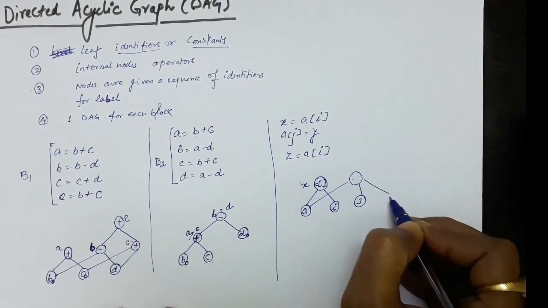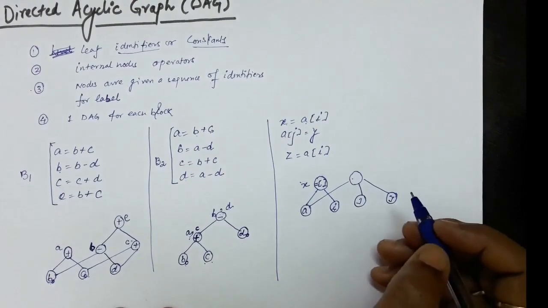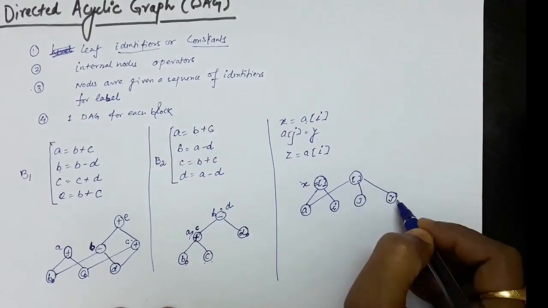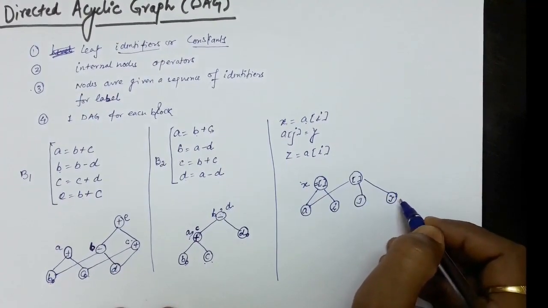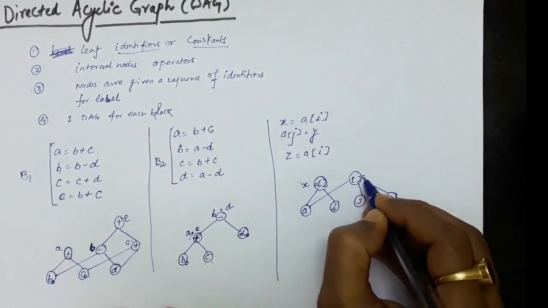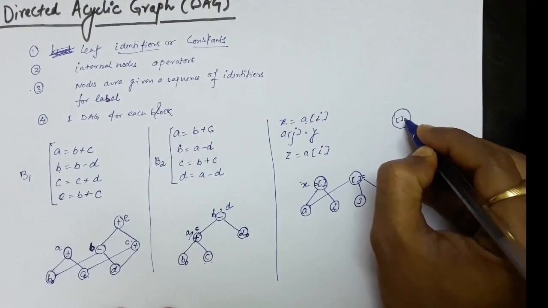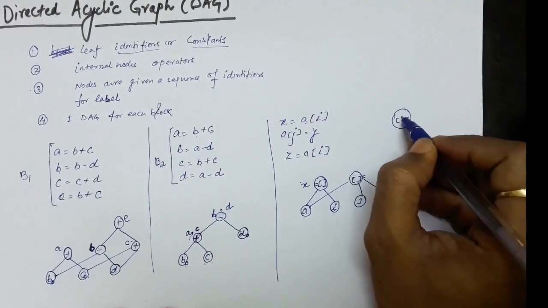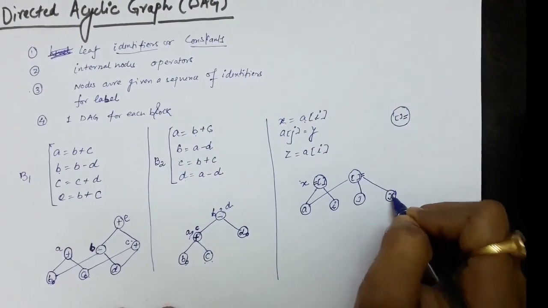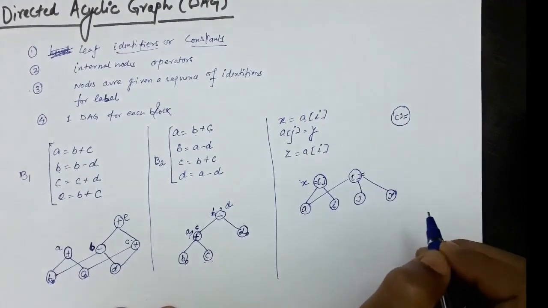So we need to have one more variable or one more node for this, that is Y, and then this is A[J] is equals to Y. Then here also in the node we are writing like this, angle bracket followed by the equals to sign. So the angle bracket followed by the equals to sign is being assigned to Y. So A[J] is equals to Y.